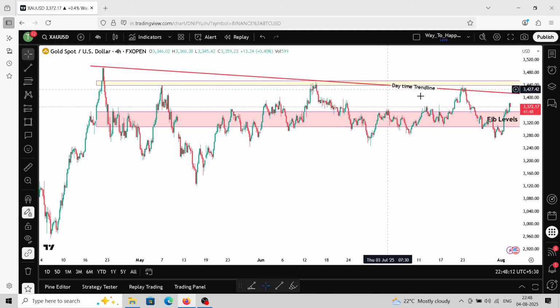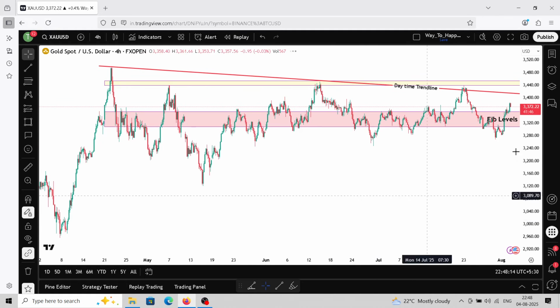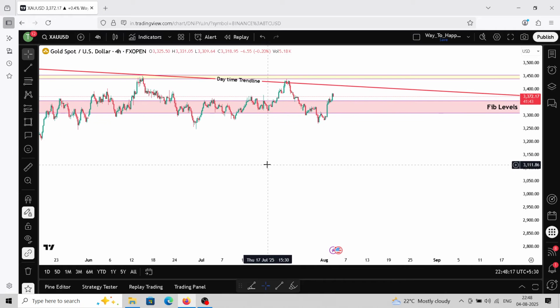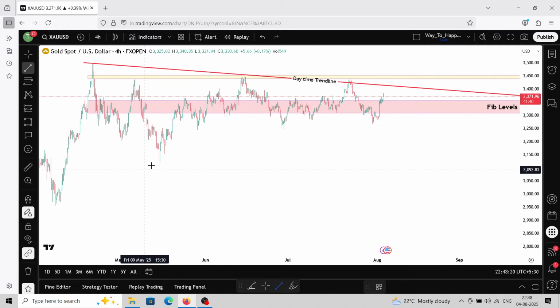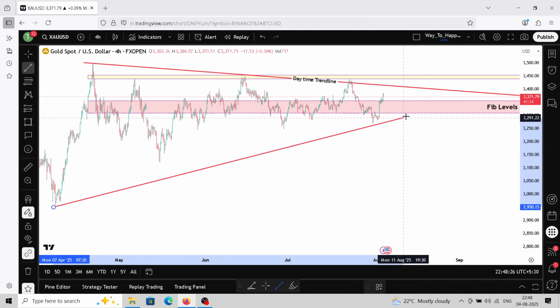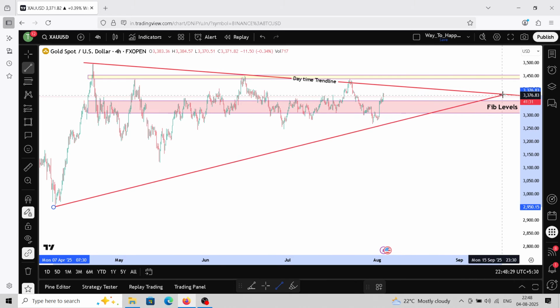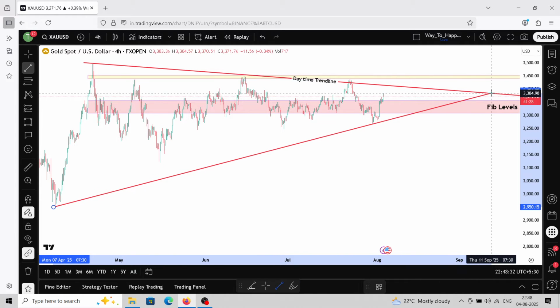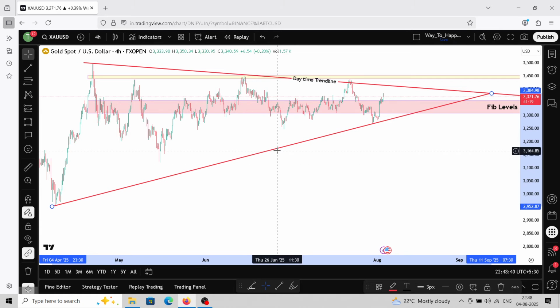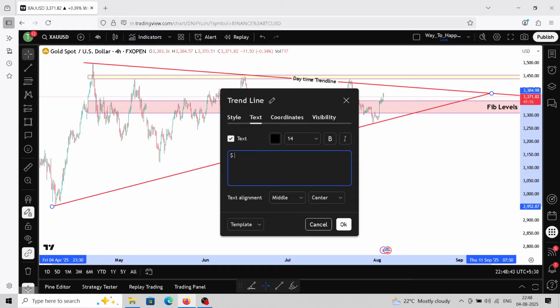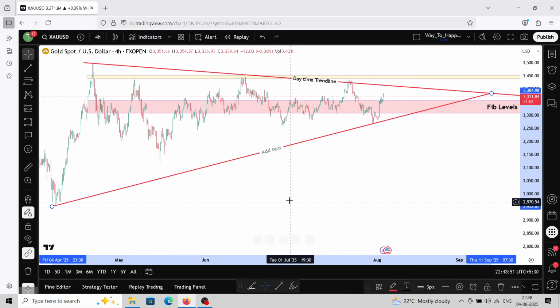If I put a trend line like this, I can call this a 4 hours trend line because it only just happened. So this is a 4 hours trend line.